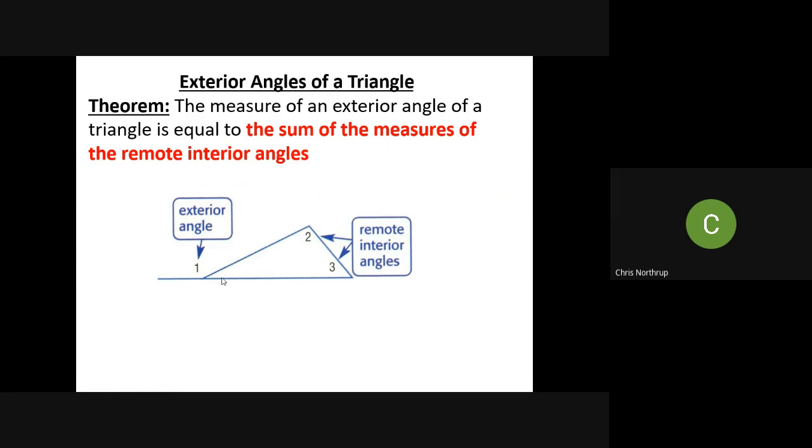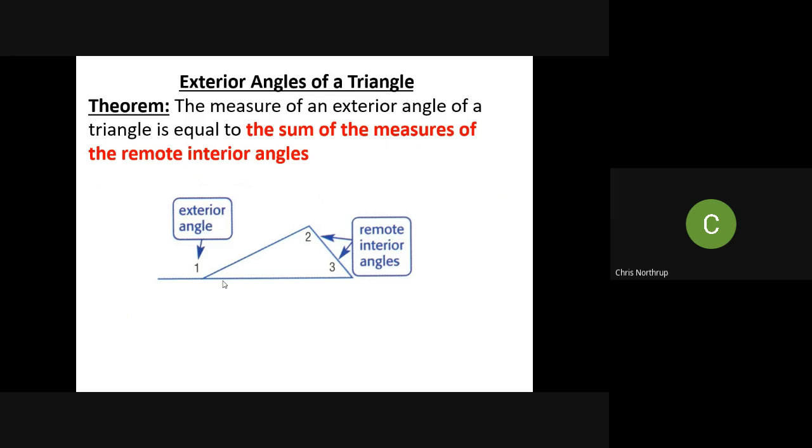That angle we know would be supplementary to angle 1 because they are a linear pair. But also that angle adds to the measures of 2 and 3 to also make 180. And so you can make a quick little set of equations and kind of move things around, and you're going to get that the measure of angle 1 always equals the measure of angle 2 plus the measure of angle 3. And we'll prove that together in class.